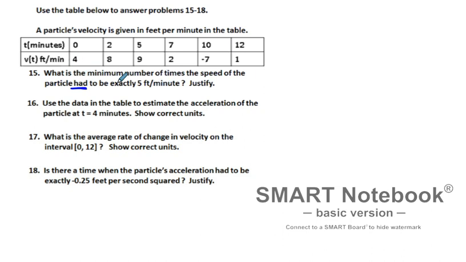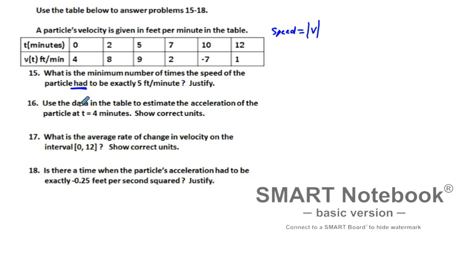So what we're looking at is we're talking about speed, and one thing that we have to remember, speed equals absolute value of velocity. And so we got to worry about not only where the thing crosses 5, but also crosses -5, right?